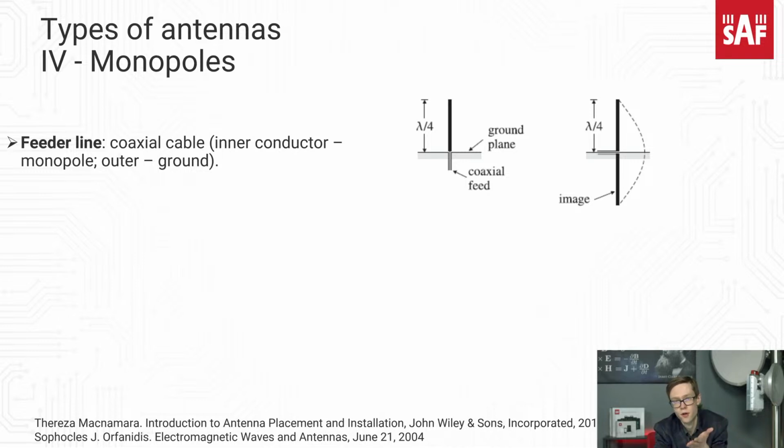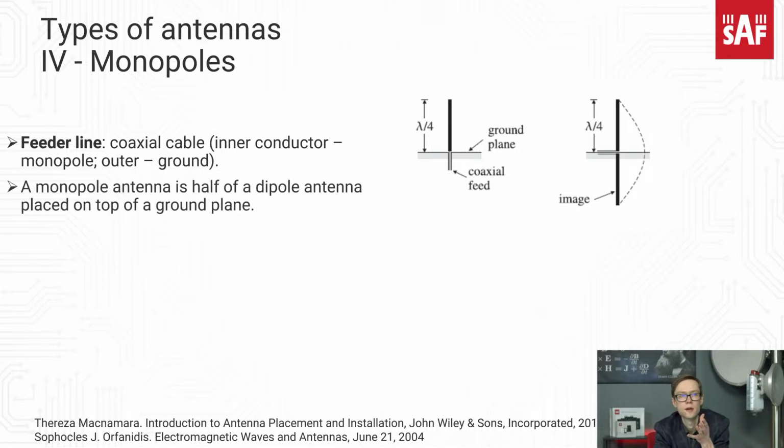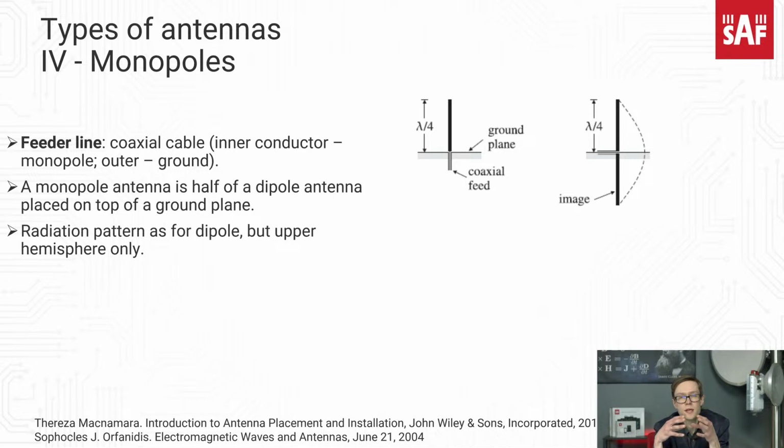So for the same frequency, the dimensions can be reduced in half. All right, and the radiation pattern looks like that of the dipole antenna, but only in the upper hemisphere.